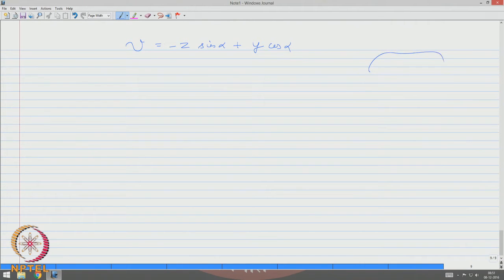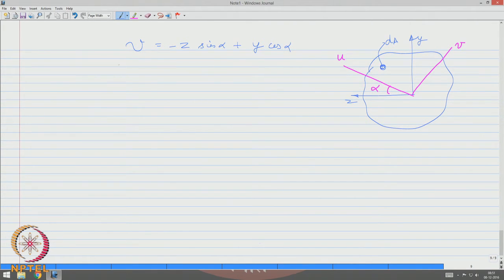If you look at any cross section, if I say this is my Z, this is my Y and this is my dA, and these are my u and v axis and this is my alpha, then I resolve this negative side of v, therefore, v is minus z sin alpha plus y cos alpha.